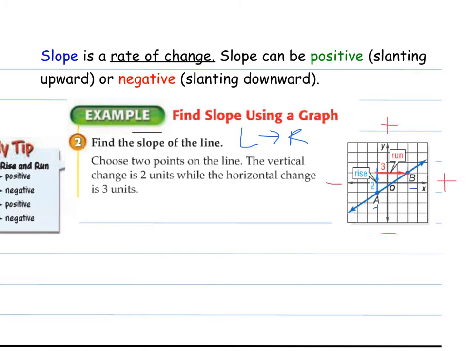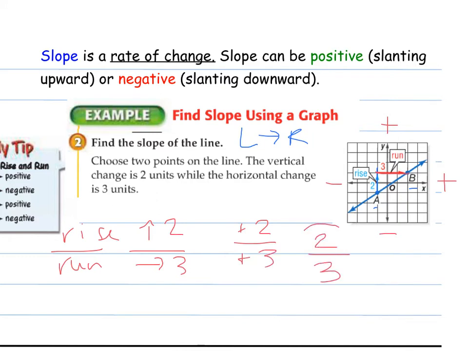So what that means is we go up 2, which is a positive 2, and then we go rise over run. So rise, and then we ran to the right 3, which is also a positive 3, which is the same as a slope of 2 over 3. Go up 2 over 3, and that would continue throughout that line.